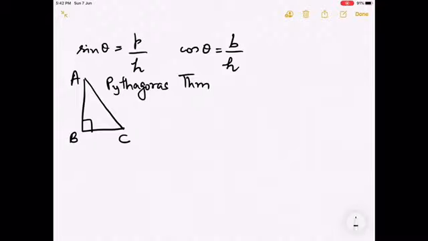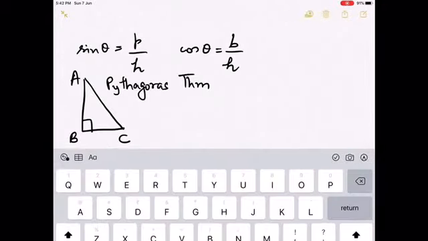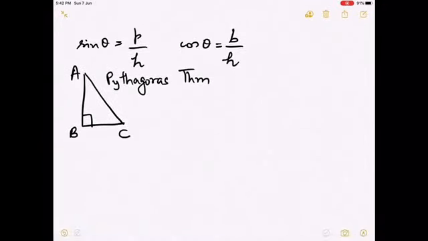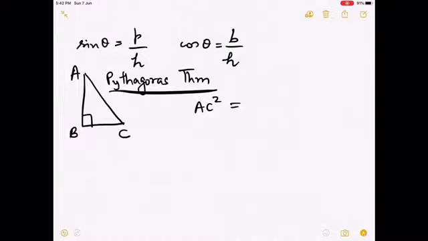According to Pythagoras theorem, we can write AC square is equal to AB square plus BC square.